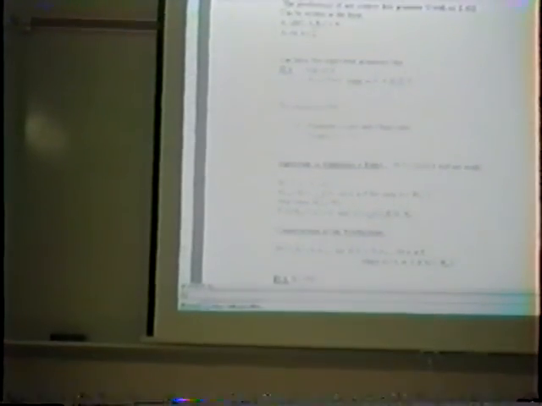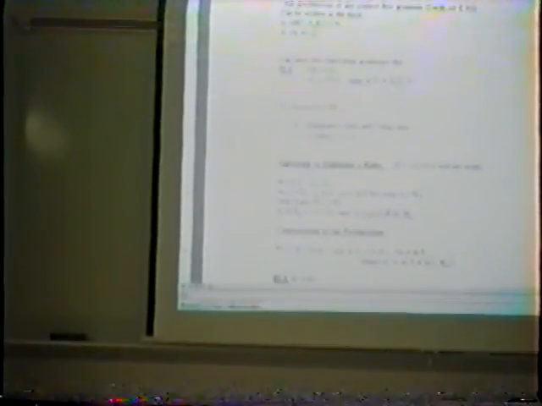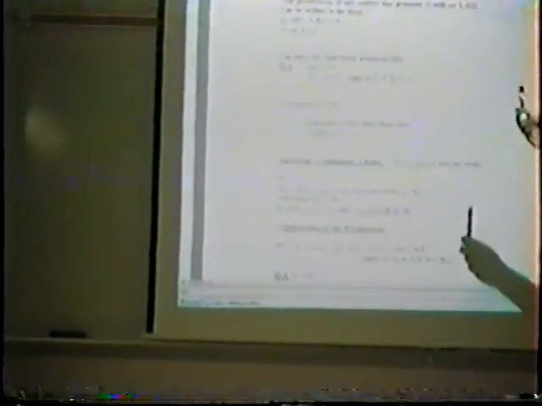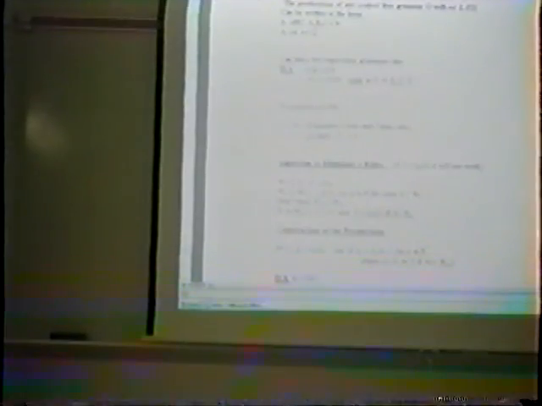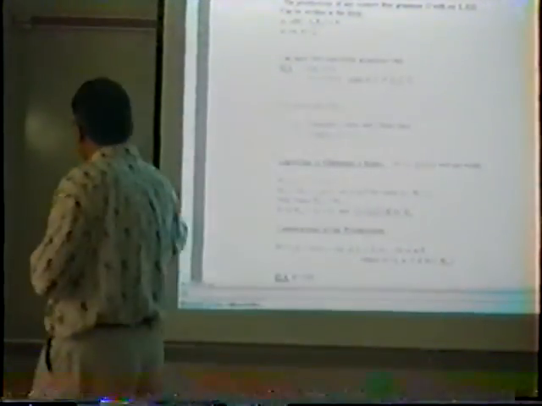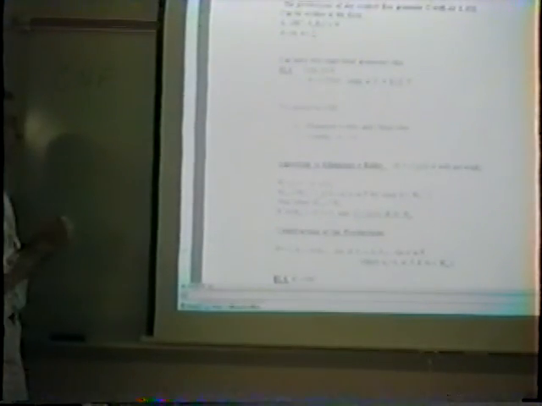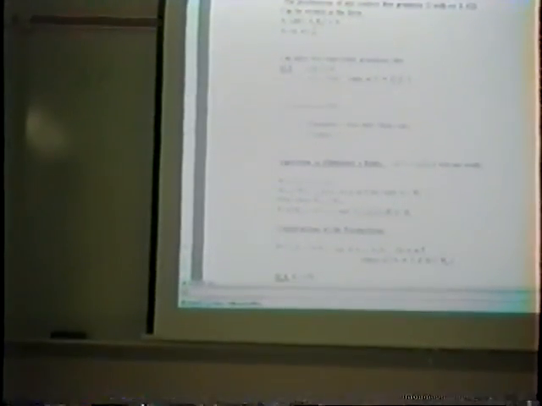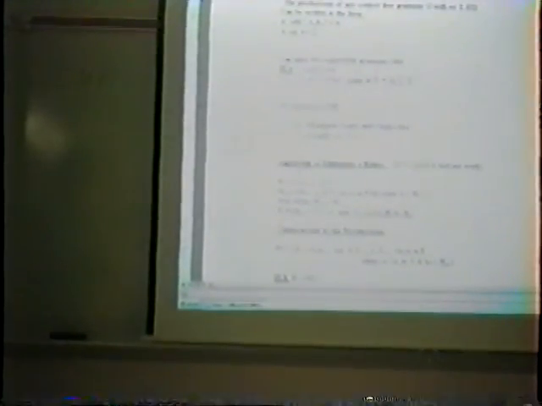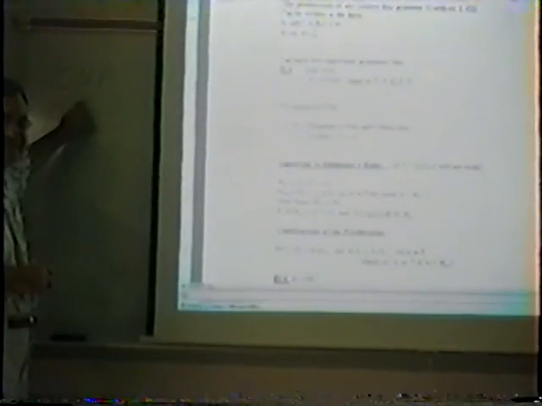There are a number of normal forms you can reduce a grammar to. The first example is called Chomsky's normal form. In this context, it's not conjunctive normal form, it's Chomsky's normal form.